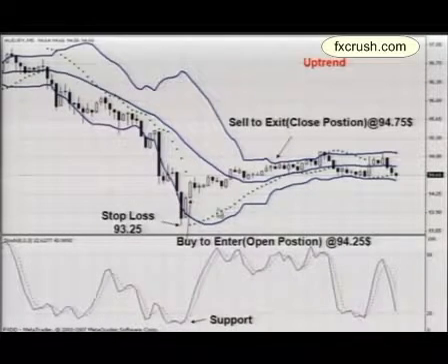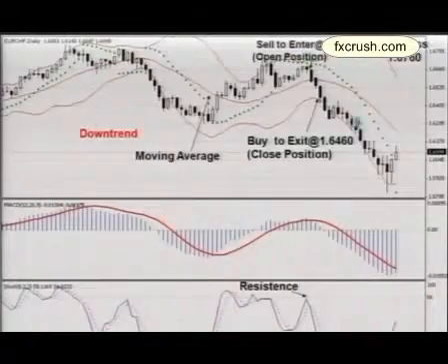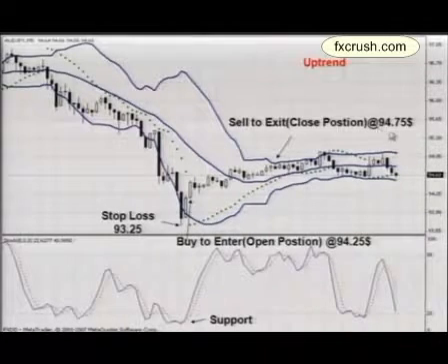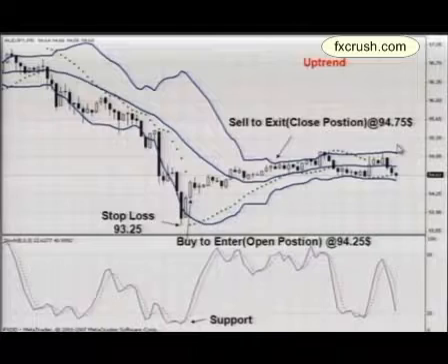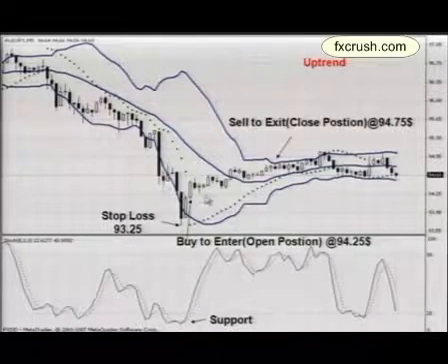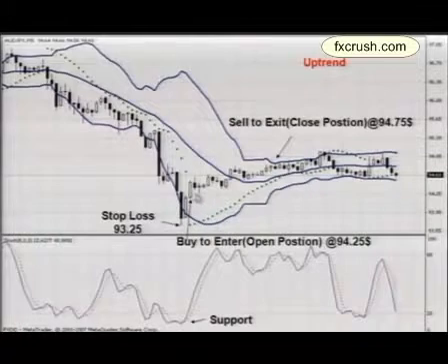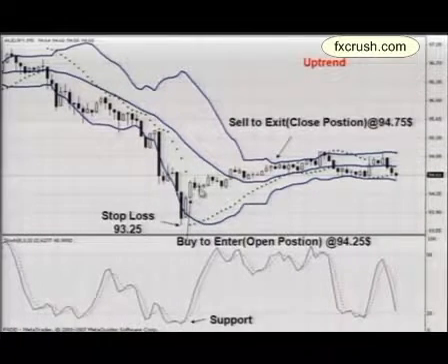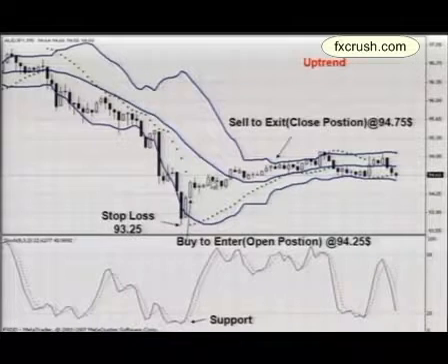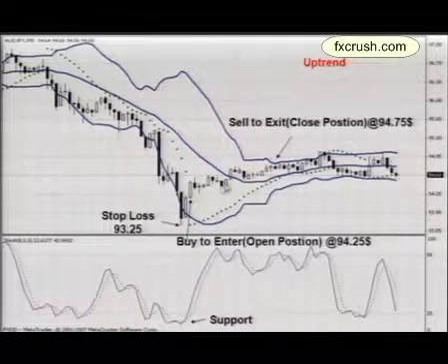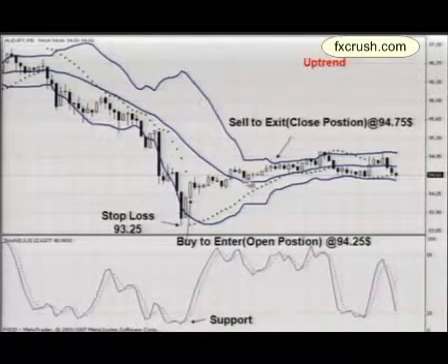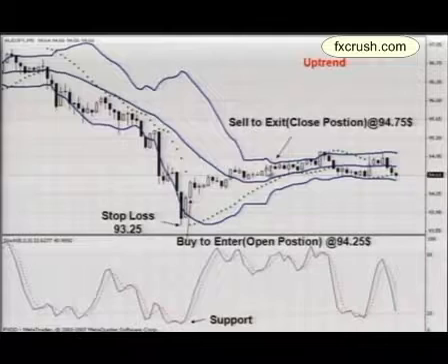Okay. Now, in this trade, we are making about 50 pips, which is 94.25 entry, 94.75 exit. It's about 50 pips. And how long did it take? So let's count. Let's do this together. 5, 10, 15, 20, 25, 30, up to 100. 100 minutes.